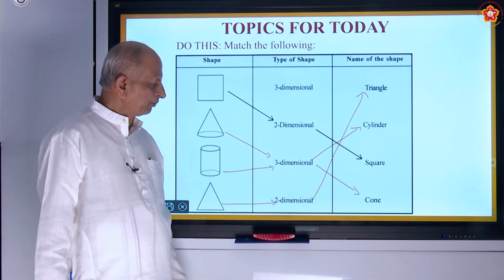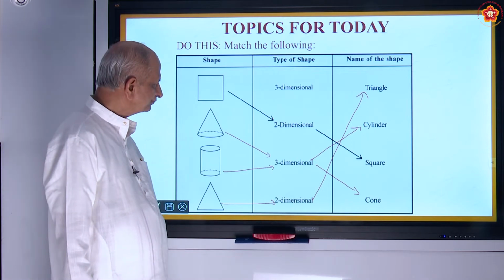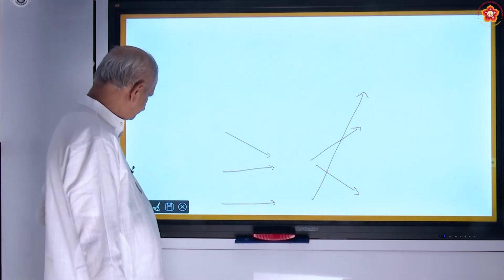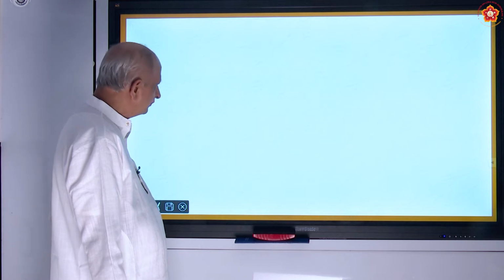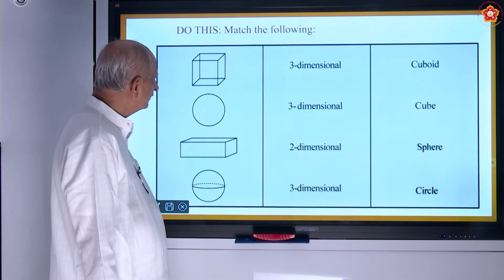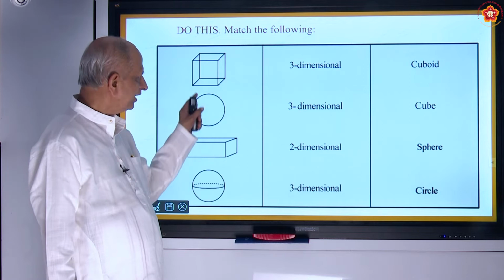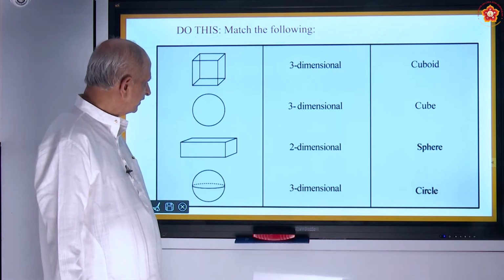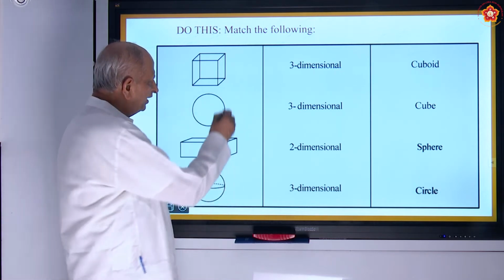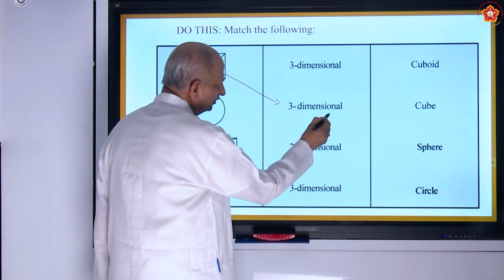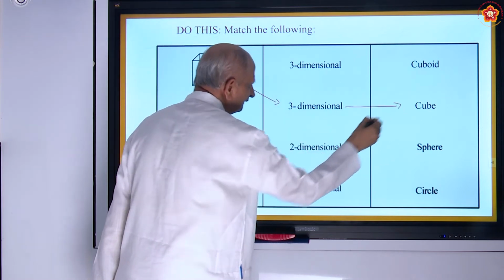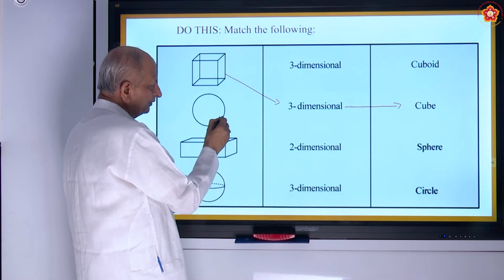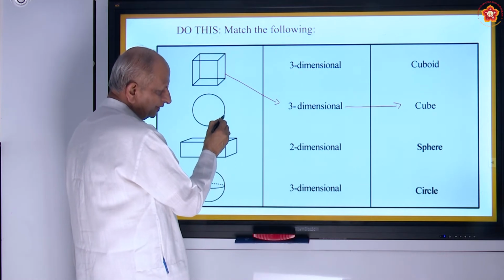Now we will have 4 more of the same type. Come on, what is this called? It is three-dimensional. Its name is cube. Correct? What is this? It is a circle.